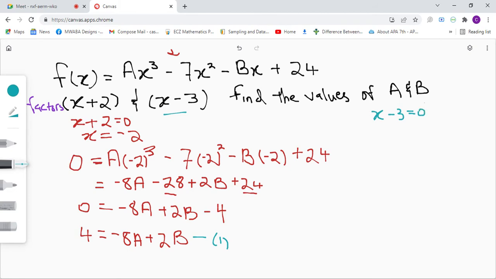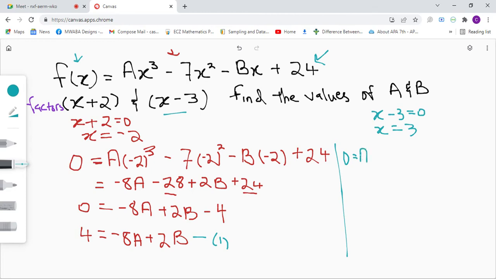We take negative 3 to the other side, so x equals 3. When you substitute x equals 3 into this polynomial, you are supposed to get 0. So we're going to equate f of x to 0, and then substitute x for 3 into the polynomial.